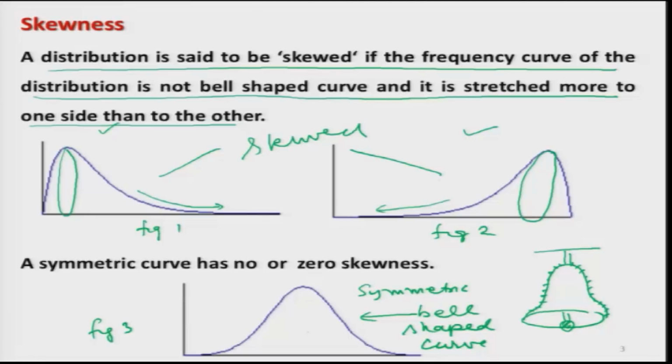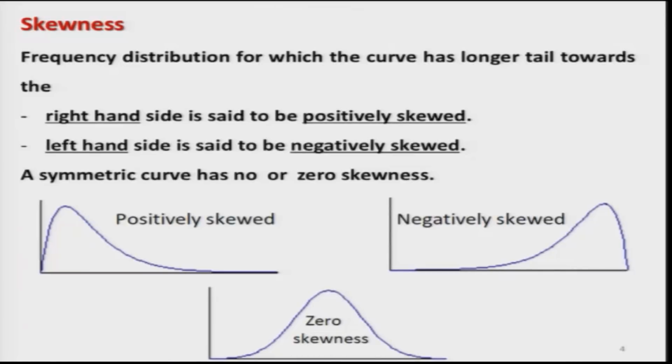Now, how to identify it? Because now we have two types of lack of symmetry, one in figure 1 and one in figure 2. So, we try to give them a name. So, let me rename the figure. This is figure 1, this is figure 2 and this is figure 3 from the last slide. Now, in figure 1 you can see that the curve is more stretched on the right hand side.